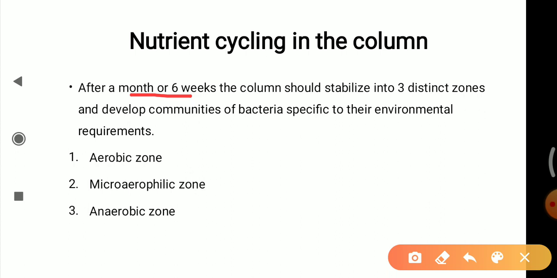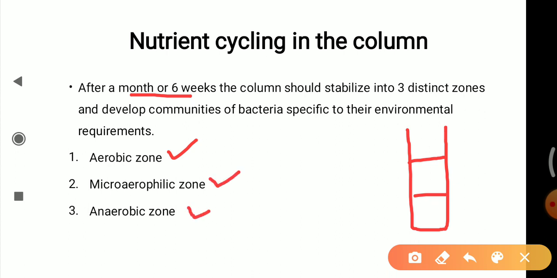The column will develop three distinct zones: the aerobic zone, the microaerophilic zone and the anaerobic zone.